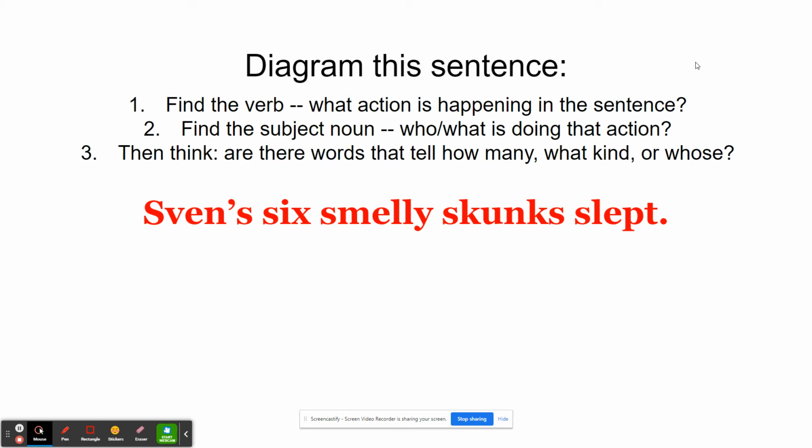I think some of you need to set your boards down and check. All 5 words need a place in your diagram. All right, here we go.